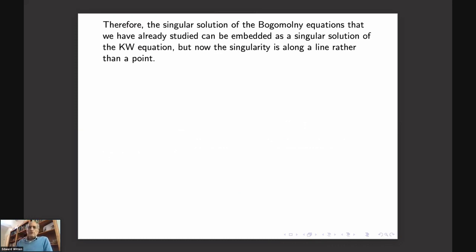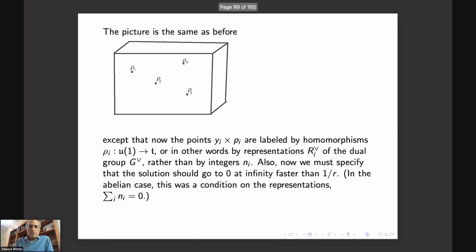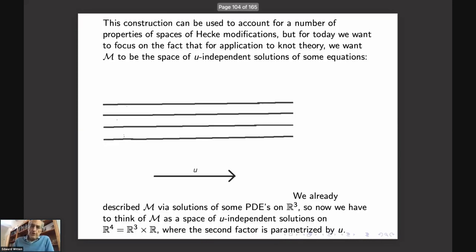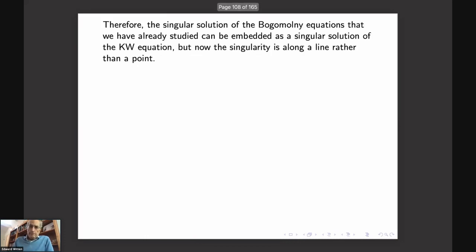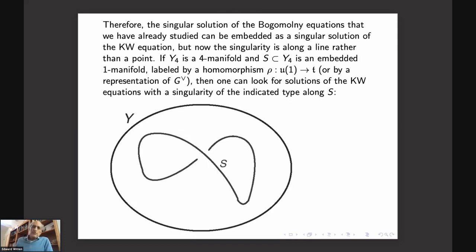So the singular solution of the Bogomolny equations that we've already studied can be embedded. In other words, the one represented by this picture, it has singularities at points. But when we add a 4th dimension, the points become lines. So now we have a solution of a 4-dimensional equation with a singularity along a line rather than a point. And in fact, this is an elliptic situation. So, I described the local model for the singularity, but you can generalize it.